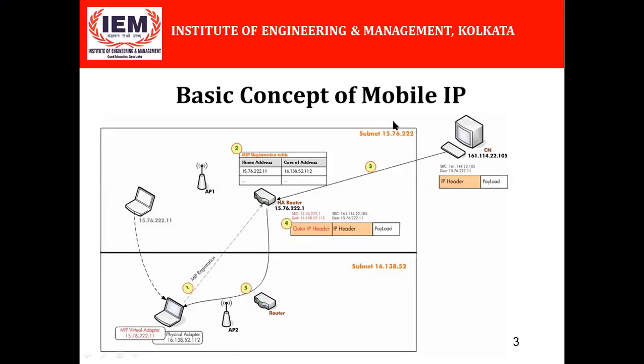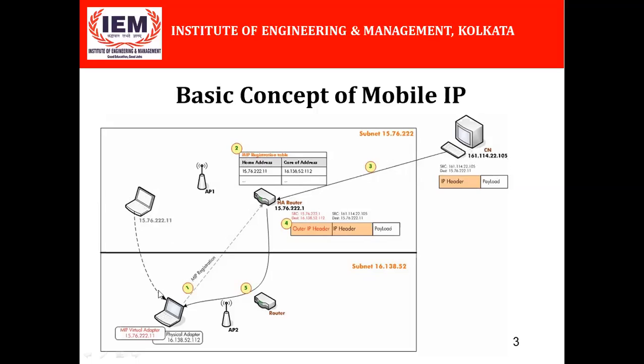One subnet mask is defined as 15.76.222 and the other subnet mask as 16.138.52. One registration table is there, which is associated with the home address and care of address. One mobile device is there, and one corresponding node is there, each with its own IP address.